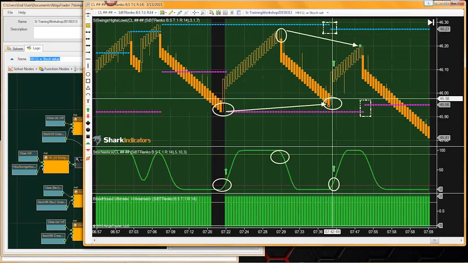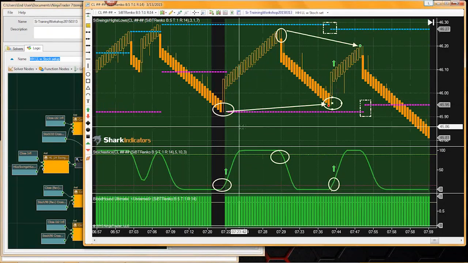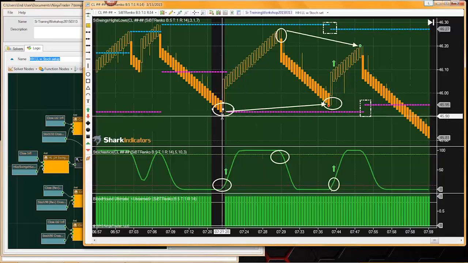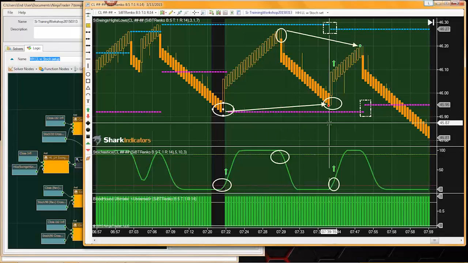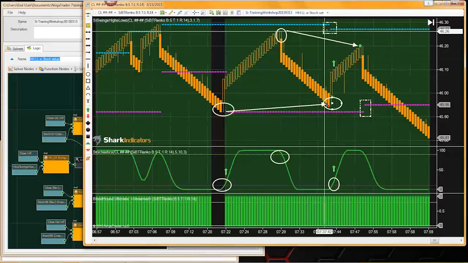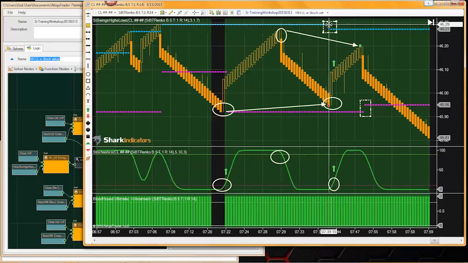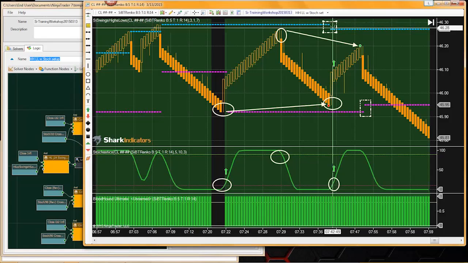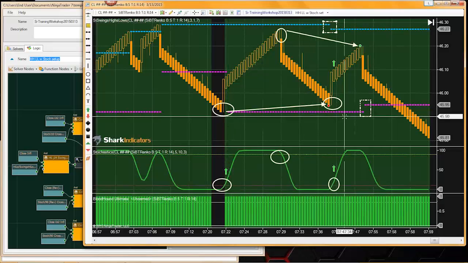So for condition 1, to extend this long state forward onto condition 3, I think what's going to work best is I'll use the high swing point plot, and when it changes, I'll use that to turn this long state off.